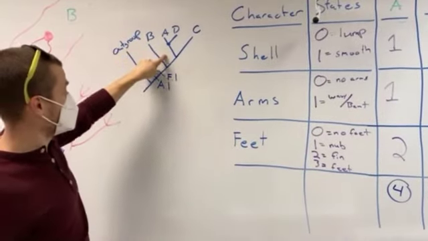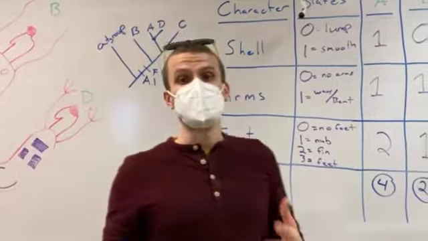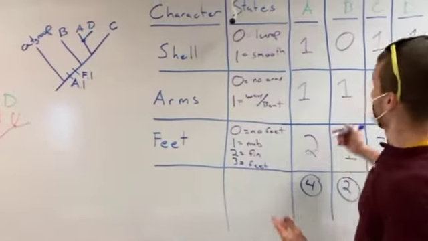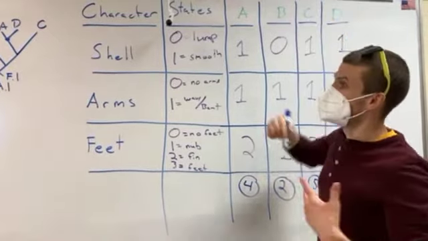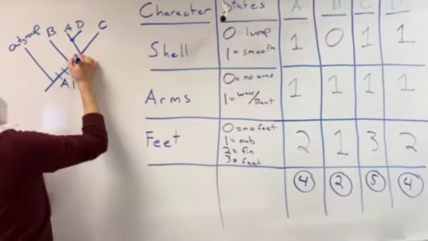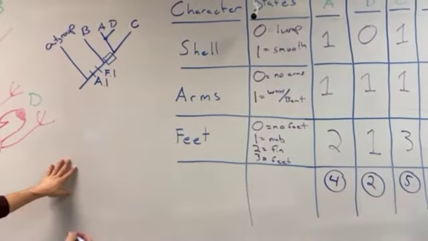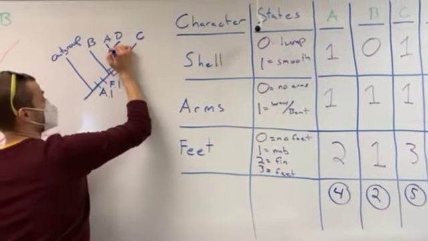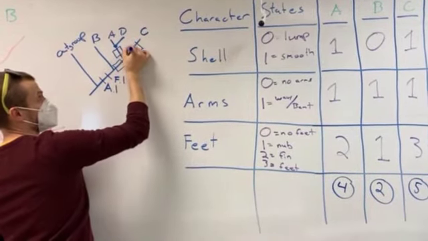Now in going from B to A, D, and C, we need to figure out which of these changes are inherited by A, D, and C all together if we're going to put them on this span of the tree. Those that are specific to A and D only will go here, and those that are specific to C will go here.